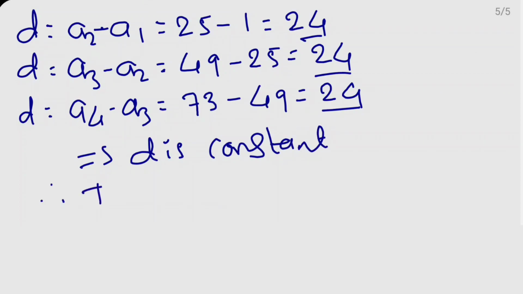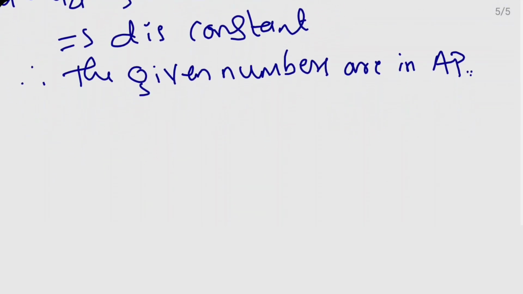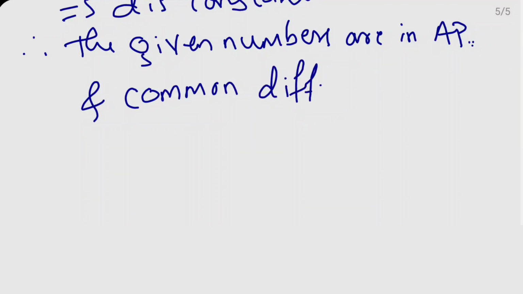Therefore, the given numbers are in AP and common difference D is 24.